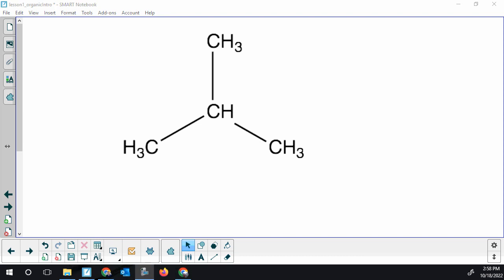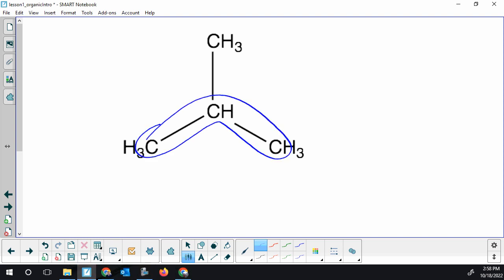Okay. So, what's the longest chain? We have a whole bunch of ties. 1, 2, 3. If you go up, it's also 3. And if you counted the top that way, it's 3. So I have to pick one of the longest chains. I'm going to pick that one, which leaves one extra carbon, a methyl.